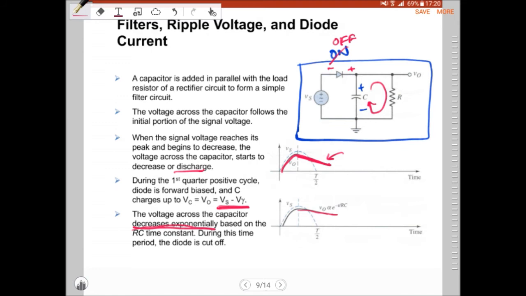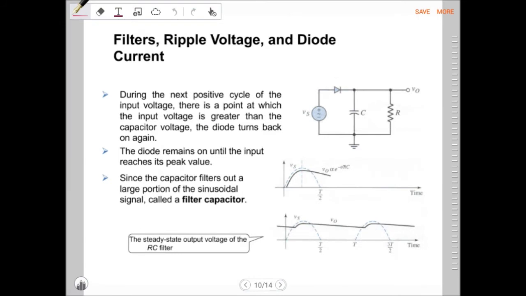I think you learned this before. During this time the diode will be off, because the voltage at the capacitor is bigger than the input, so it becomes plus minus over here. The output will keep on discharging until there's a point where the input voltage is greater than the capacitor voltage.